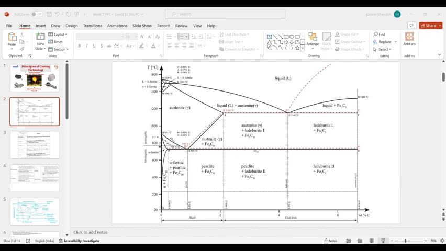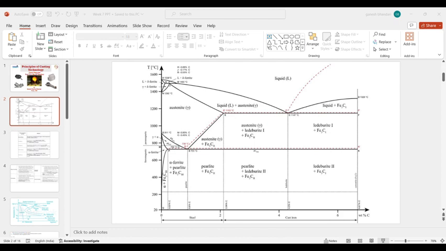But if you need some stress relieving, because you are going to cool your sample from 900 degrees Celsius to 25 or 50 degrees Celsius within a few seconds, there will be very high stress generation due to thermal shock. To remove that thermal shock and those very high stresses from the sample, we generally do the tempering process.